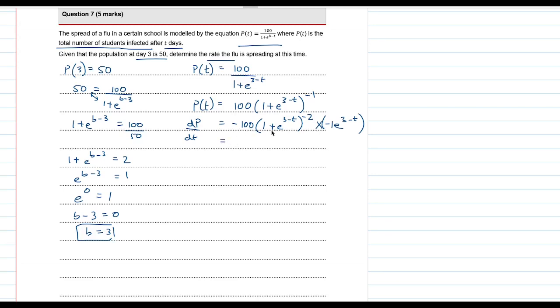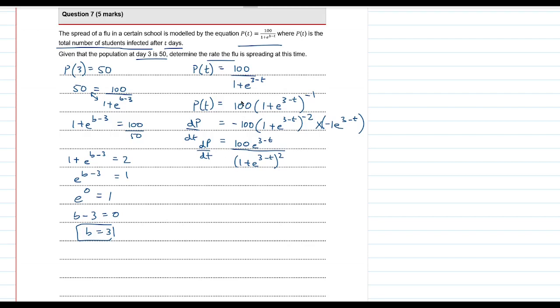And this simplifies to, so negative 100 times negative 1 is just going to be 100. This we can bring back to the denominator now, and the negative 2 becomes a positive 2, and the rest stays the same. So that's our rate equation.